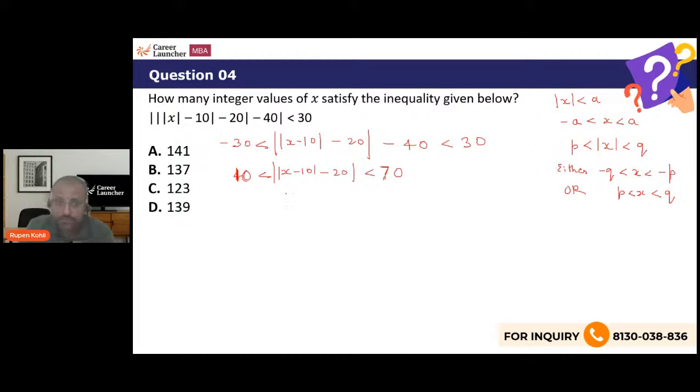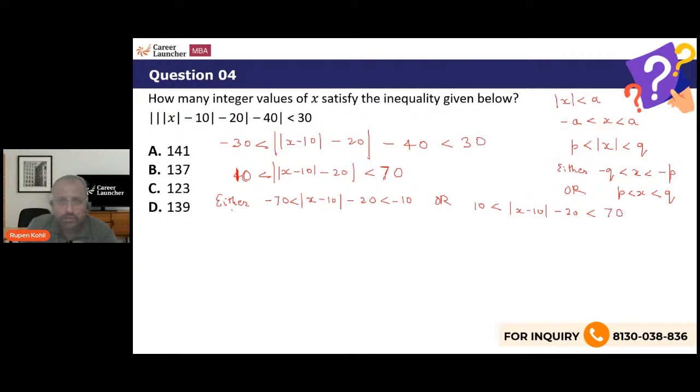So let's do that. So there are two solutions further. Either mod x minus 10 minus 20, this whole thing inside the modulus, will lie from minus 70 to minus 10, or it will lie from 10 to 70.